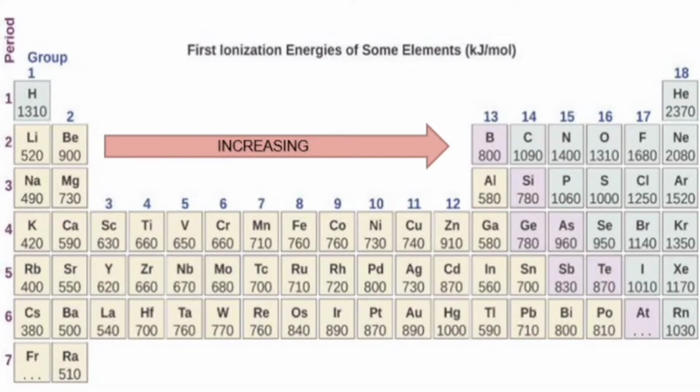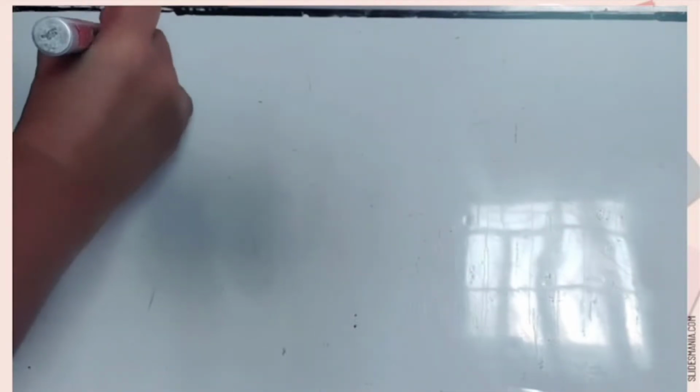How are ions formed? Watch this demonstration video to know how ionic bonds are formed. Here are the steps for bonding of electrons by transferring. First step is select a metal and non-metal element.